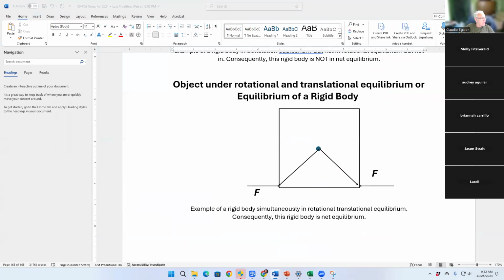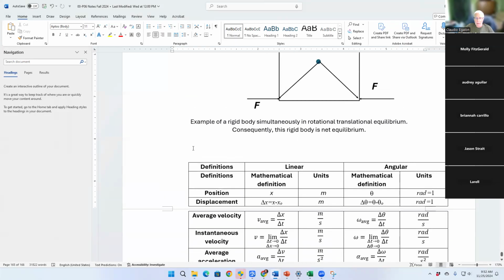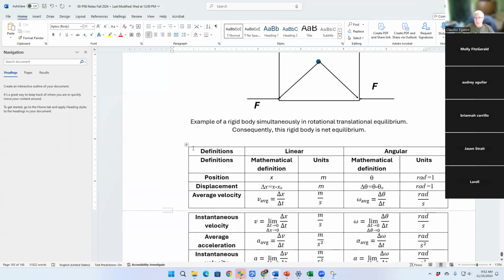Okay, so let's, I'm gonna copy and paste a table with the angular parameters so far that we have. Okay, so here you go. Linear and angular, right?